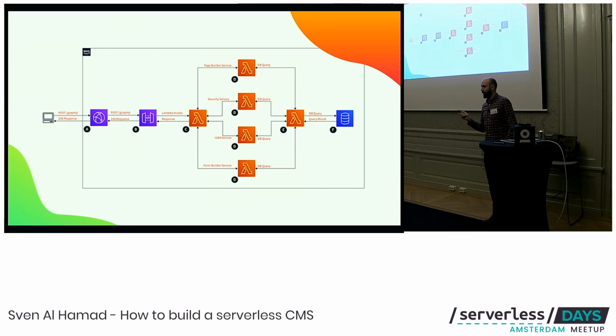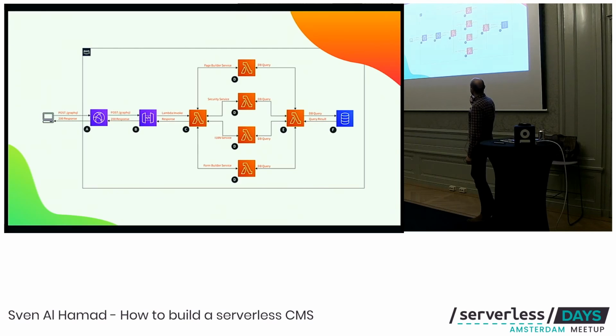Anybody dealt with Apollo here? No? So Apollo is a GraphQL gateway. Basically, you see here, these are your services. Let's say this is your pages service. This is your security service, which returns the user. This is your internationalization service, which returns the languages. And I don't know, this is a form builder service, okay?